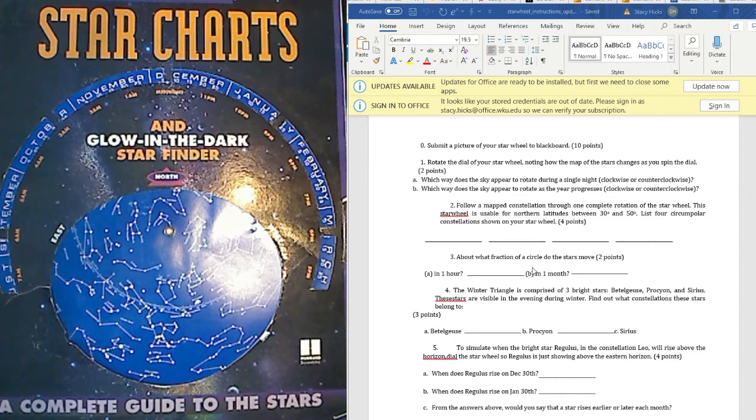So in 1 hour, how far would the stars appear to move, right? So you're essentially dividing 1 by 24 here, right? The second part asks for part B in 1 month, right? So we also go through this same cycle in a year.